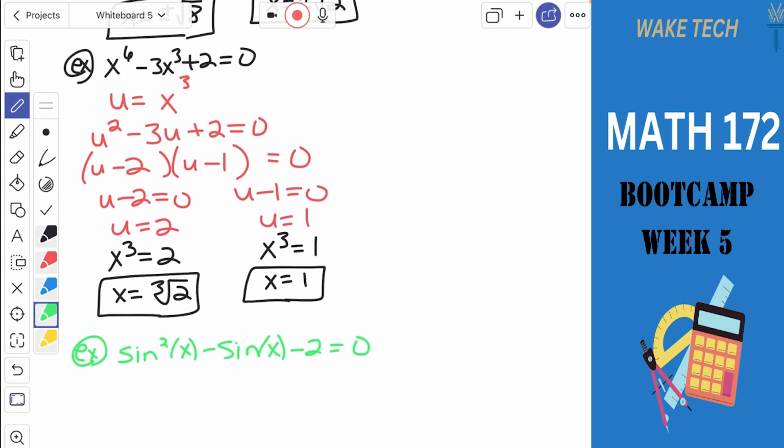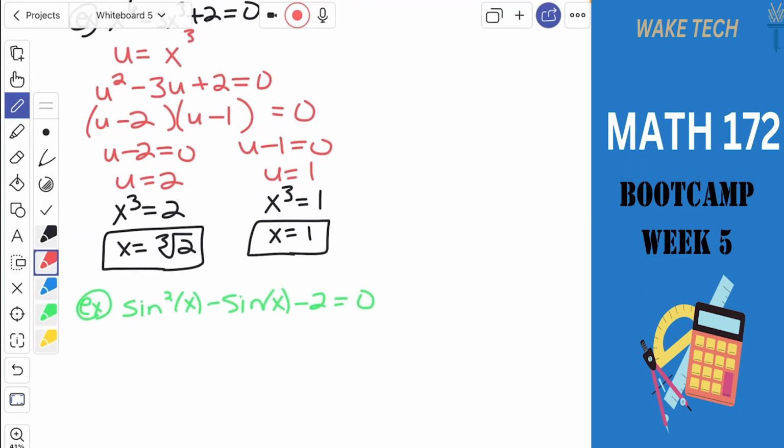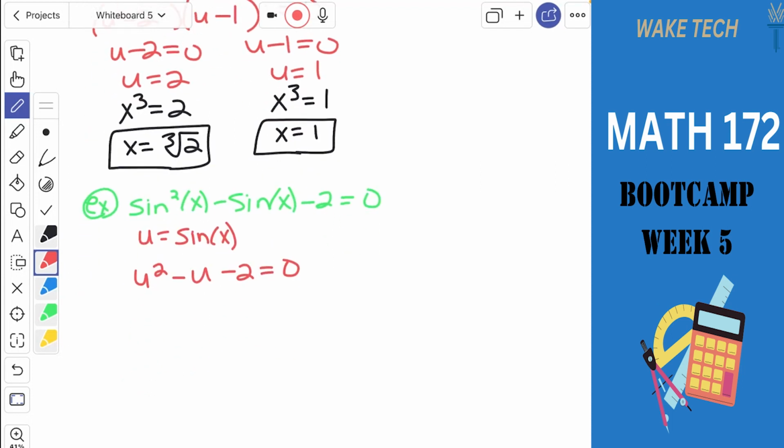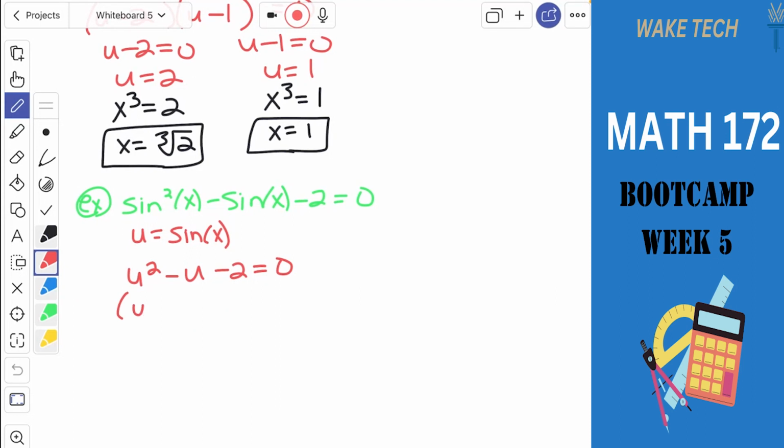Well, we can use a substitution to simplify what we're looking at. Let's use the substitution u equals sine x. That would allow us to rewrite this equation as u squared minus u minus 2 equals 0. And then we could factor that. It factors into u minus 2, u plus 1.